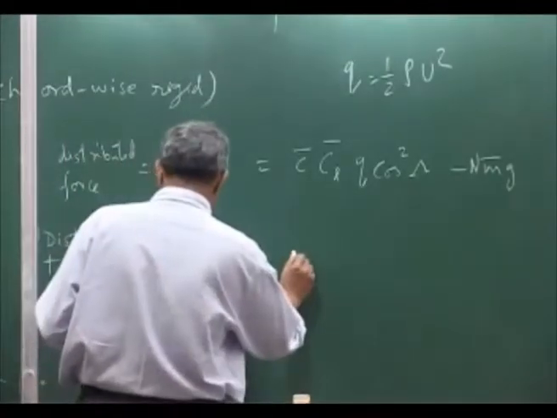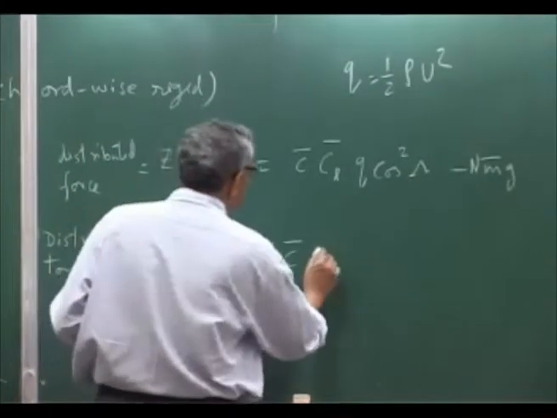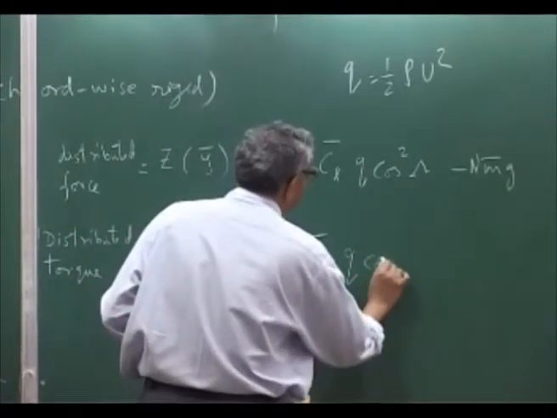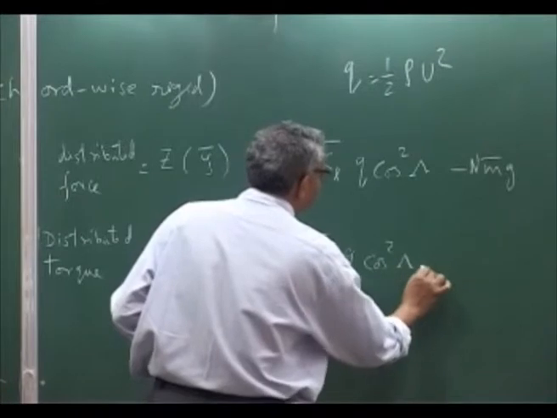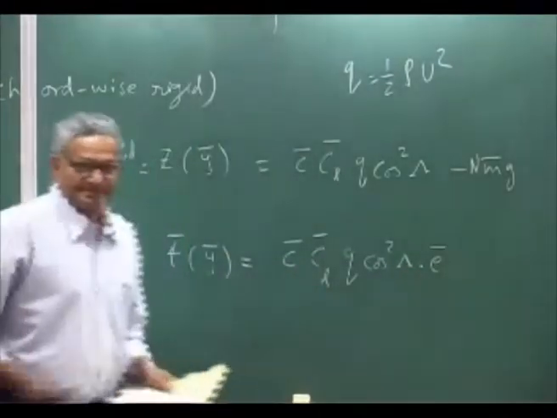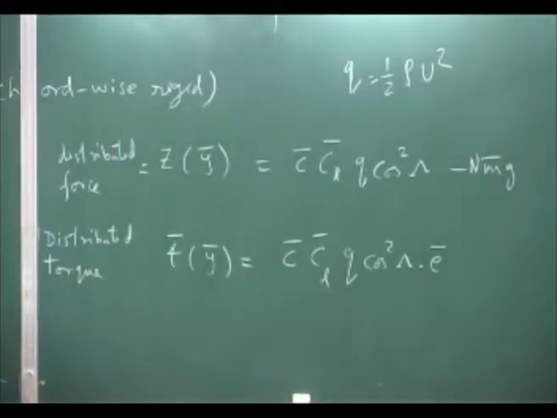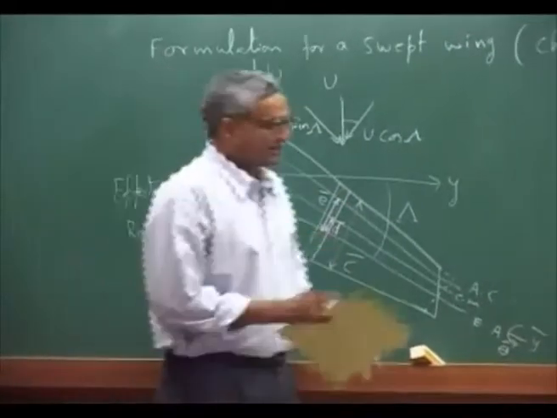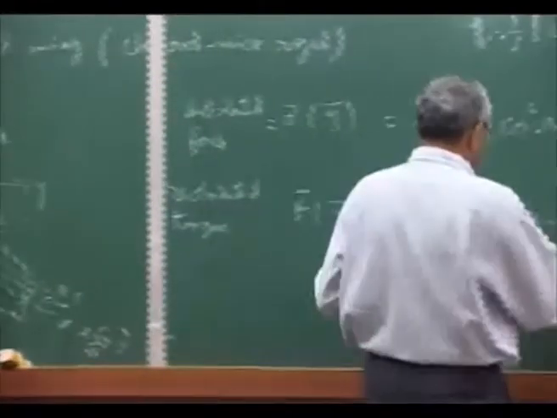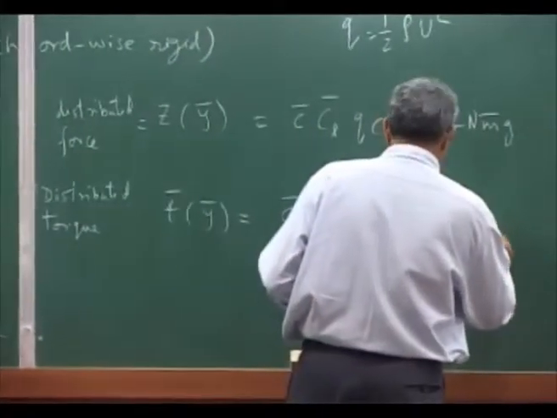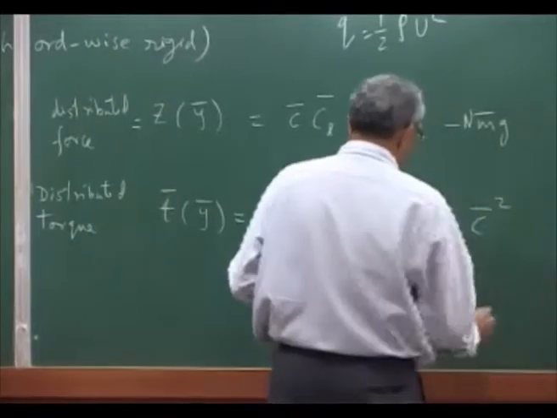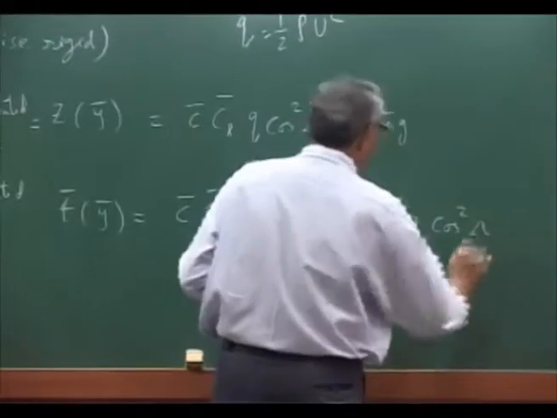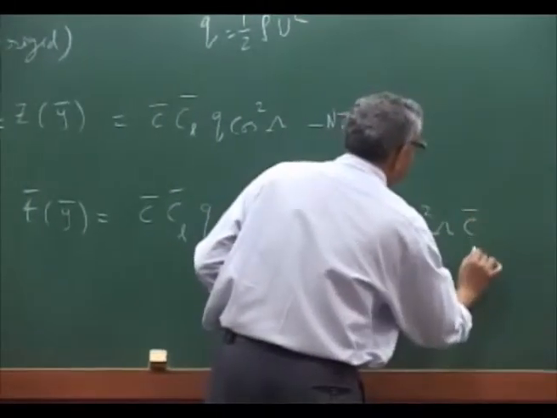This is c bar CL bar q cosine squared lambda into e bar, because e bar is the offset between aerodynamic center and elastic axis, and then plus c bar squared q cosine squared lambda c bar MAC.